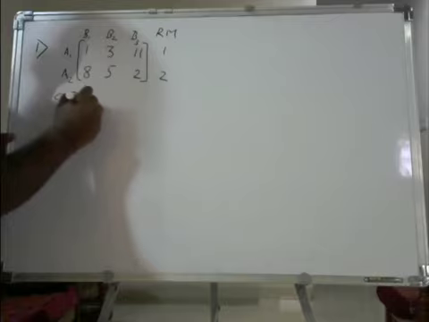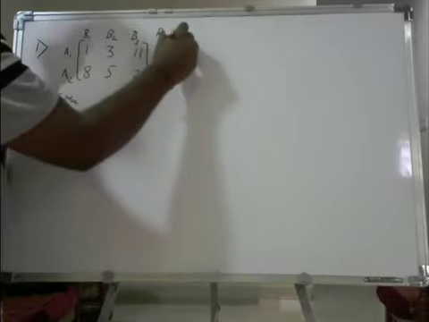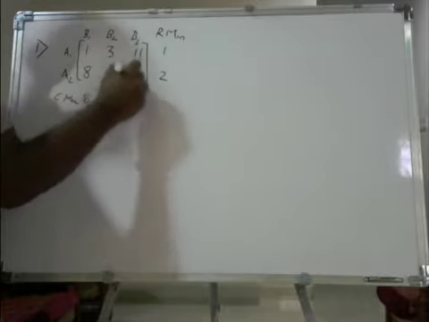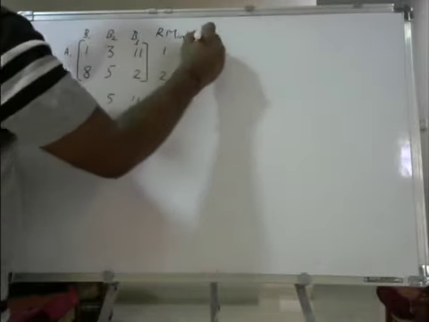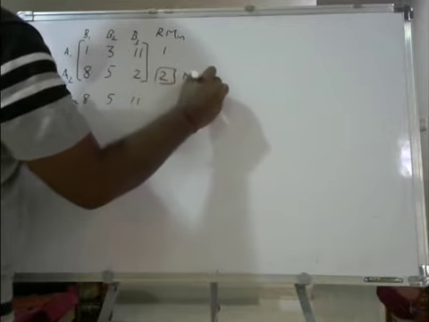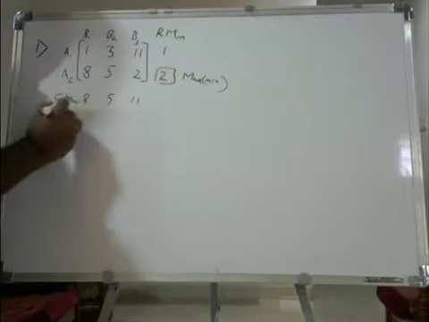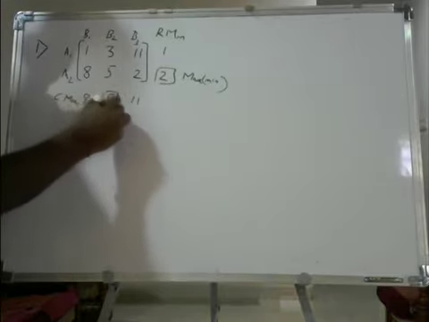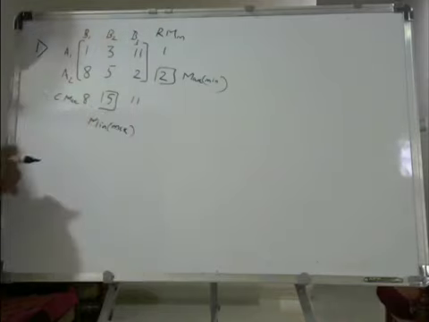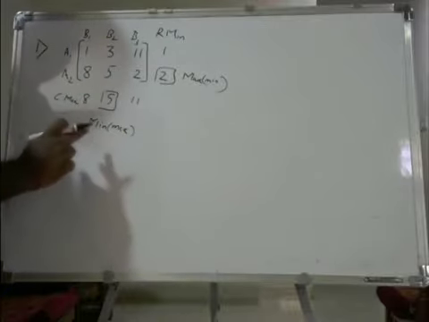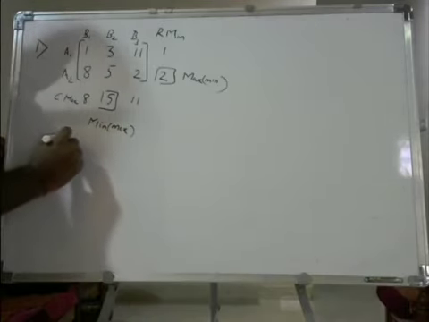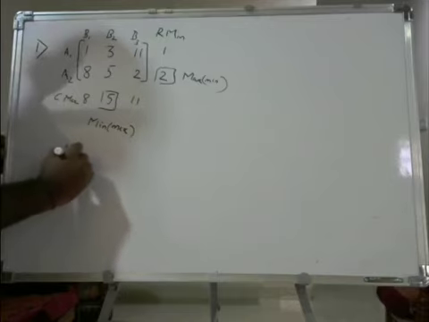Since minimax and maximin are not equal, there is no saddle point.